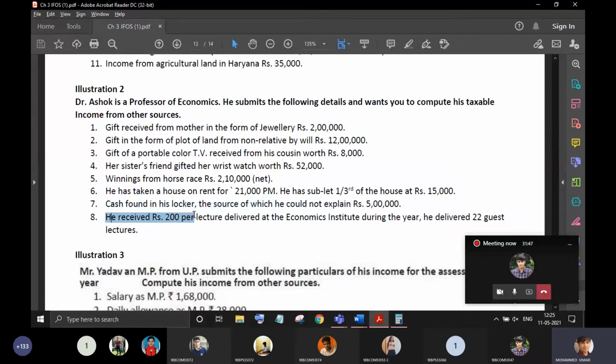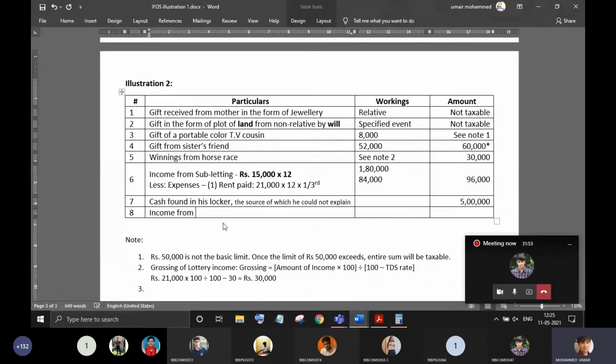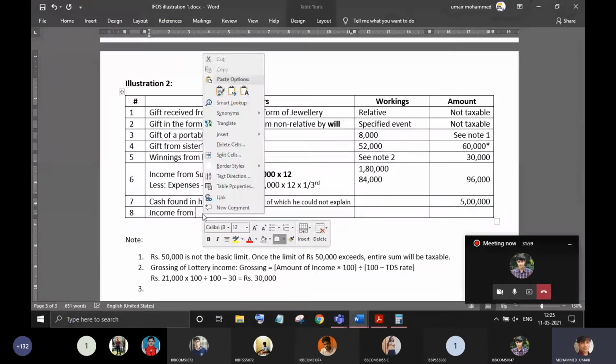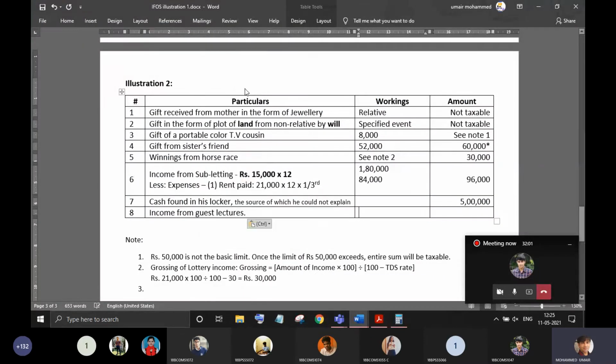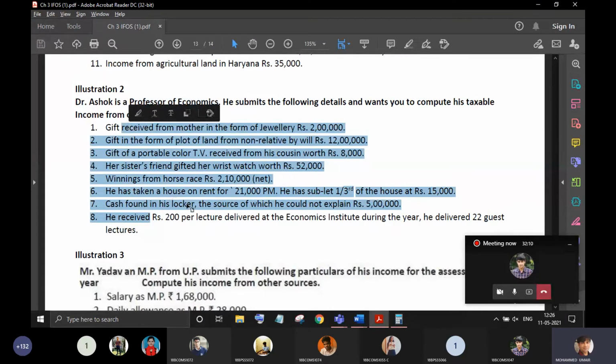He received 200 per lecture delivered, so guest lectures. So income from guest lectures. So he has delivered some guest lectures. The professor of economics, and these are his income from other sources.